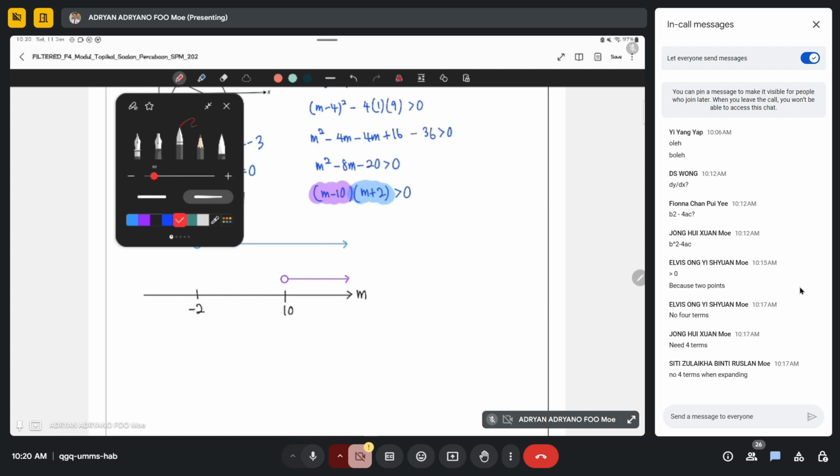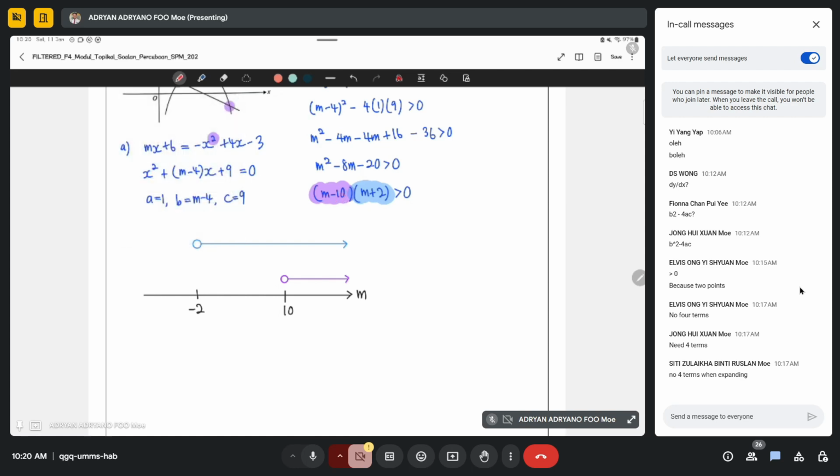Okay, now when we draw this, what should we do? Okay, I use the red color. 现在我们要找任何一个 value。这里我们要找任何一个 value between negative infinity 到 negative 2，然后 negative 2 到 10 的一个 value，然后 10 到 infinity 的一个 value. So basically we just choose one value that satisfies the range.